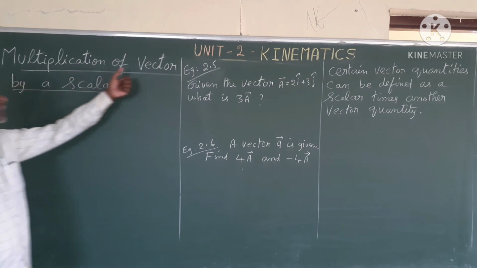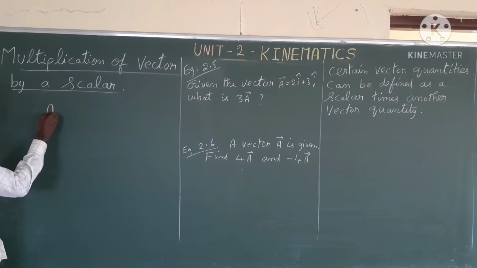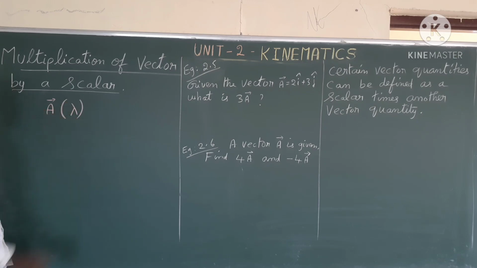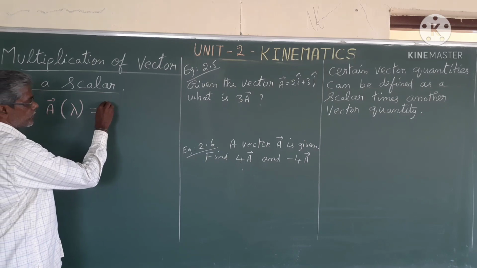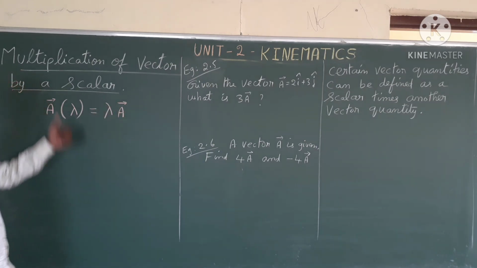Next, multiplication of vector by a scalar. Now, if a vector is multiplied by a scalar, this lambda is a scalar quantity, we will get another vector. This is called multiplication of vector by a scalar.